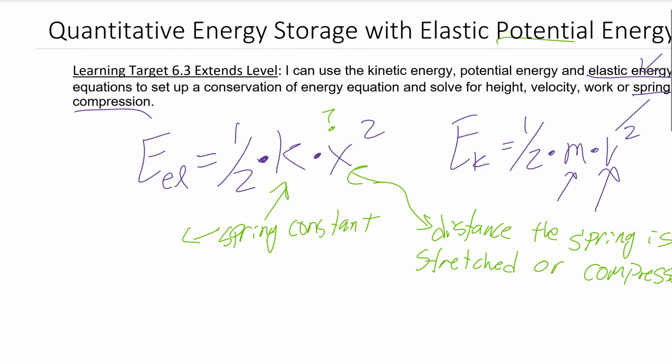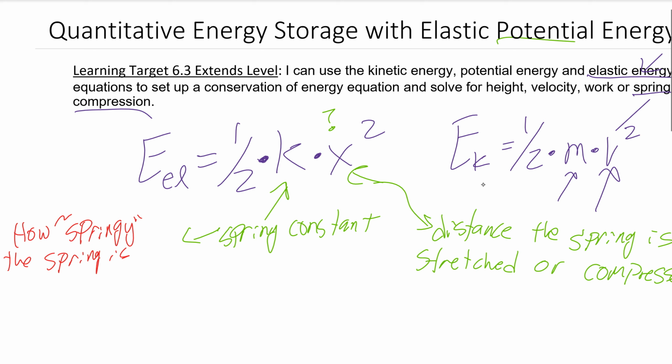The spring constant is how springy the spring is. If it has a higher k, that means the spring is more rigid, meaning that it's harder for you to stretch or compress the spring.